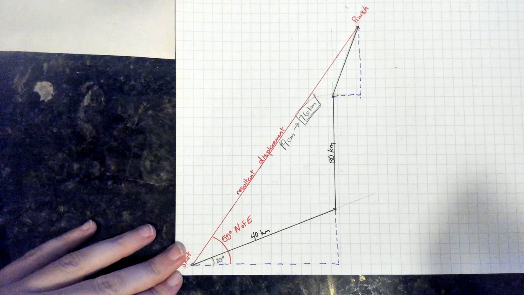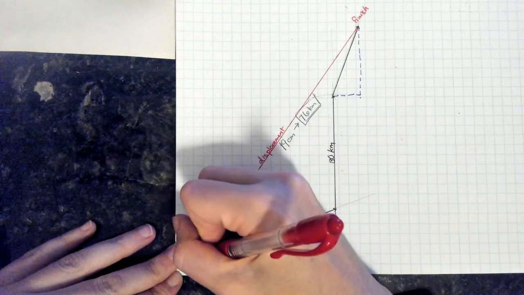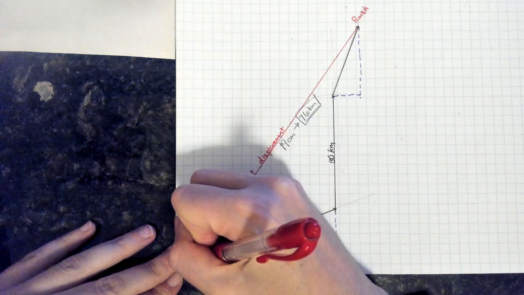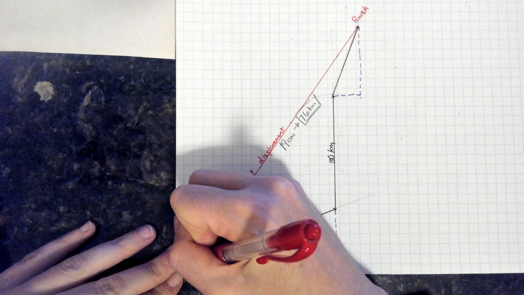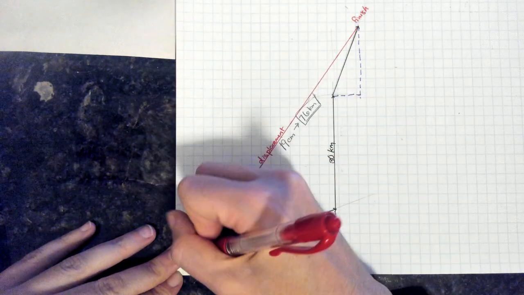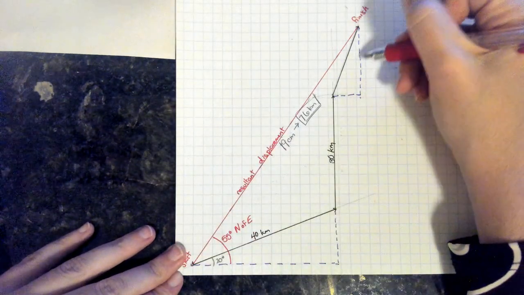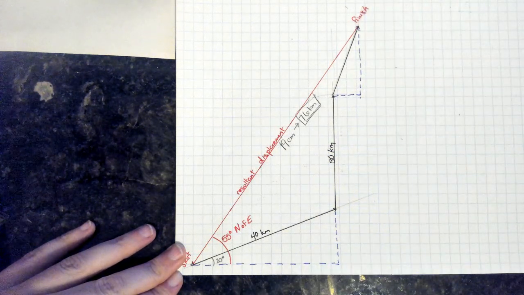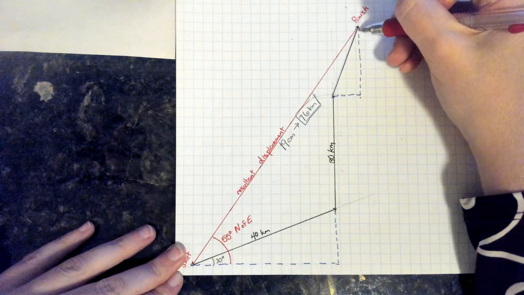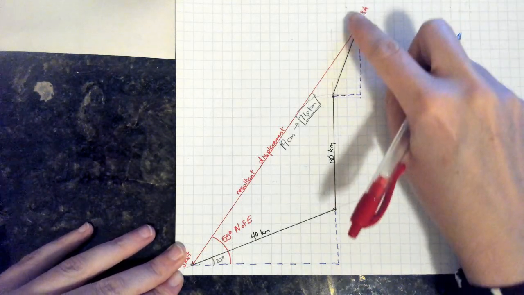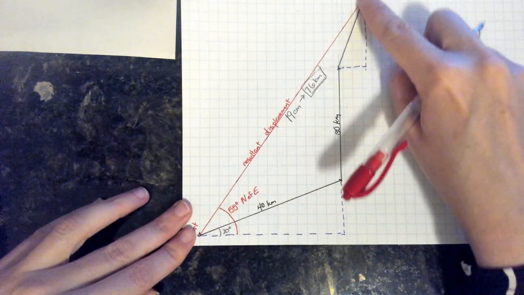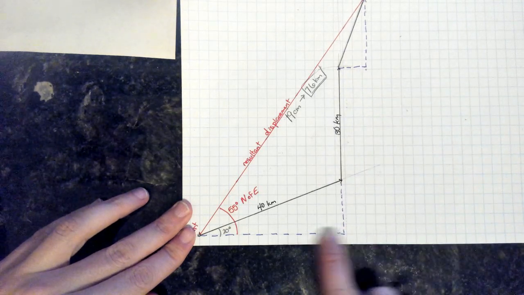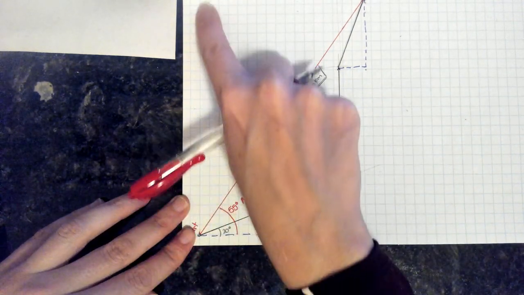And then we need one more big right triangle, and I'm going to draw that. Where do I want to draw it? I'm going to draw it here. You could draw the right triangle in two places for the big one. You could draw it coming this way, or you could draw it going this way.